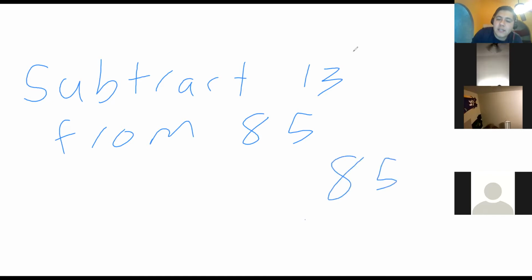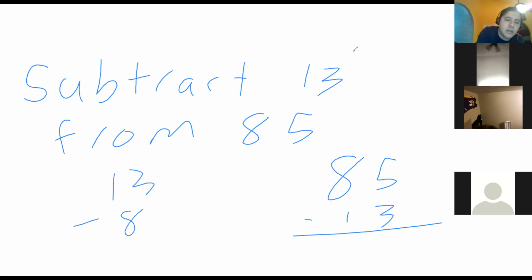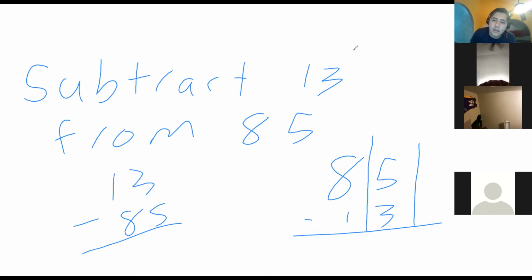And the reason why I say this is because people get it confused all the time, right? Because you see 13 in front of the 85, so you automatically want to go 13 minus 85, that's wrong, okay? So we got to make sure that we understand what we are reading, okay? So we subtract 13 from 85, right? It's the exact same way.